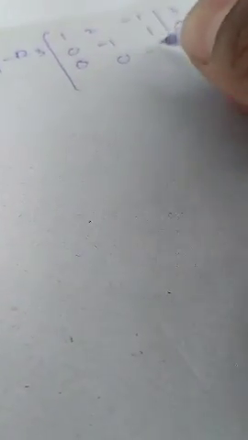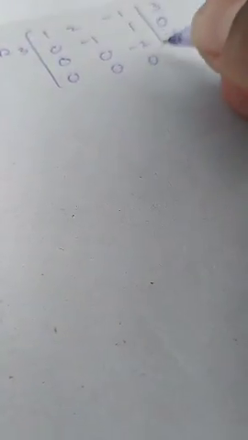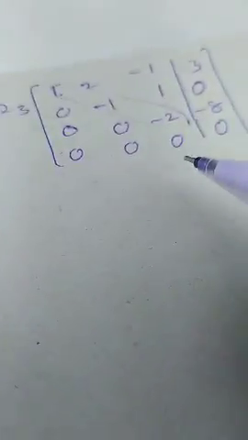So the first row is as it is, 1, 2, minus 1, 3; 0, minus 1, 1, 0; 0, 0, minus 2, minus 8; and the last row 0, 0, 0, 0. Now it is converted into row echelon form. All below-diagonal elements are zeros, right?